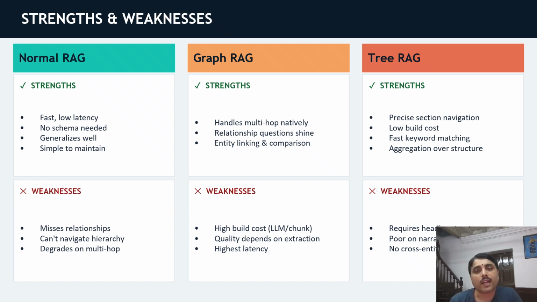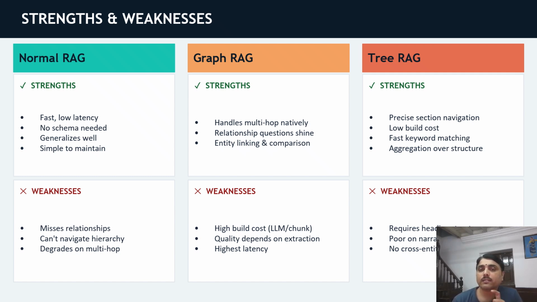GraphRAG solves exactly that problem, but at a real cost. LLM extraction during ingestion takes 2 to 5 minutes on a modest document set, and quality depends heavily on how well the LLM identifies entities in your specific domain.